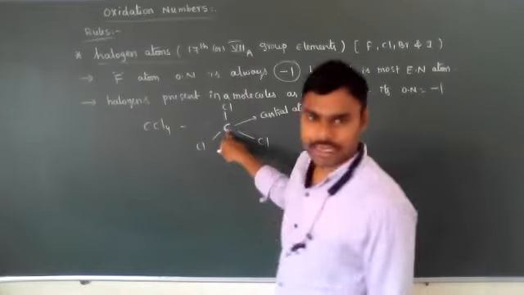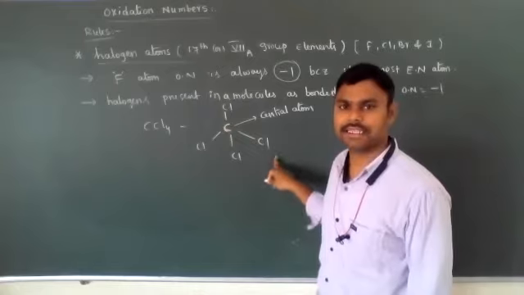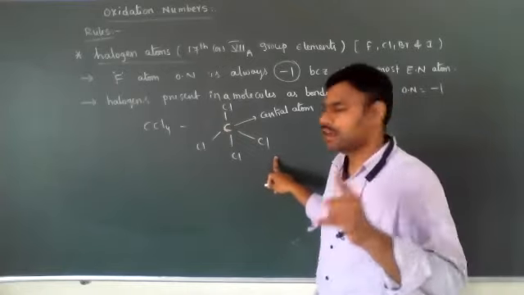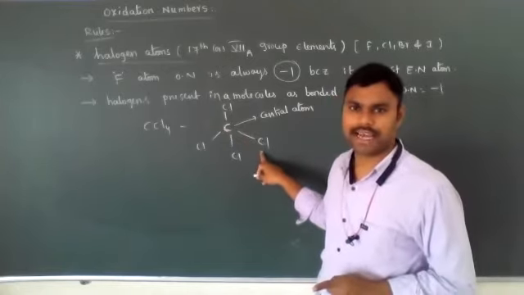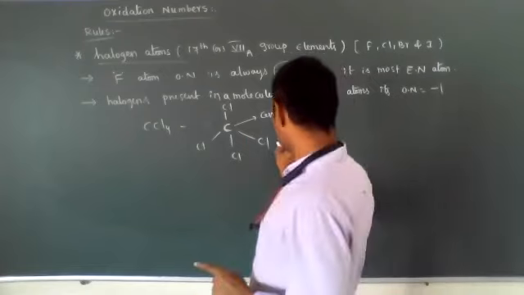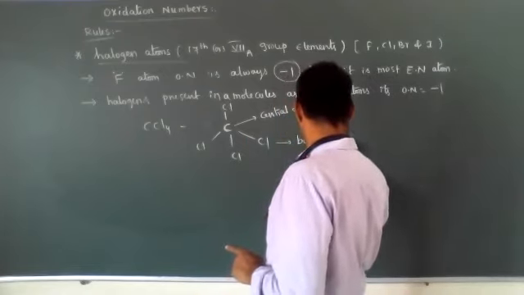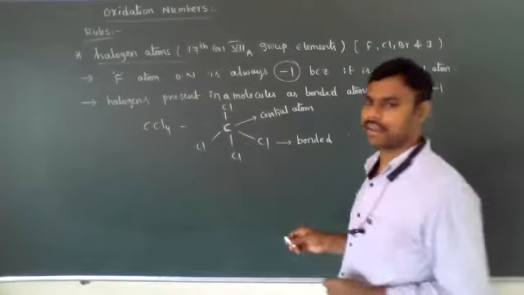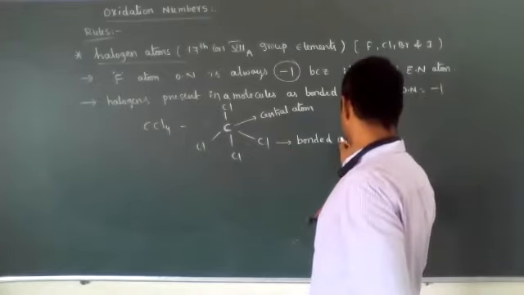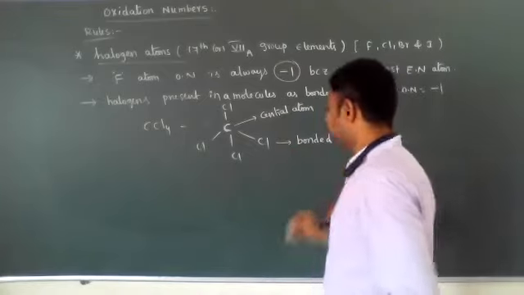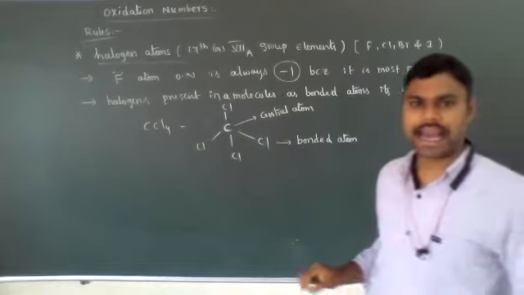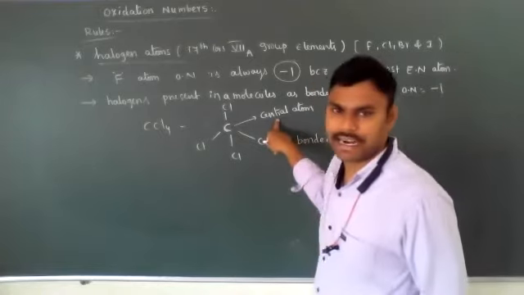More electrons are contributed from carbon, but the chlorine atom contributes only 1 electron from its valence shell. That's why chlorine atoms are called bonded atoms. Bonded atoms are terminal atoms. So halogen atoms are present as bonded atoms instead of central atom.